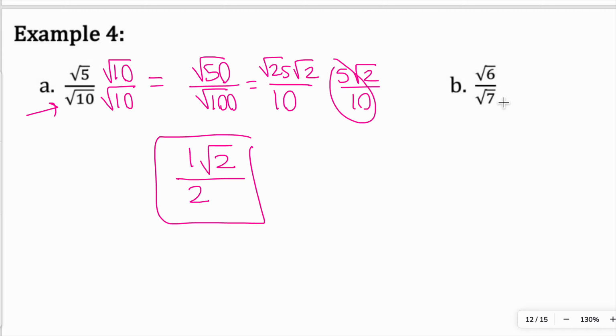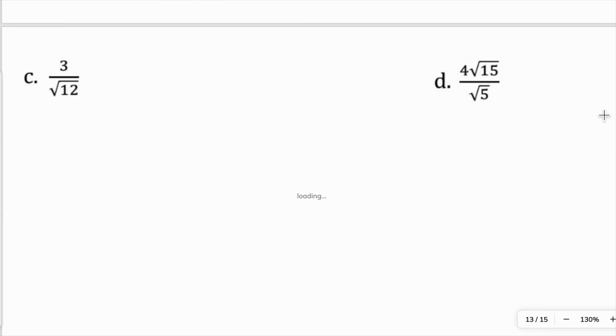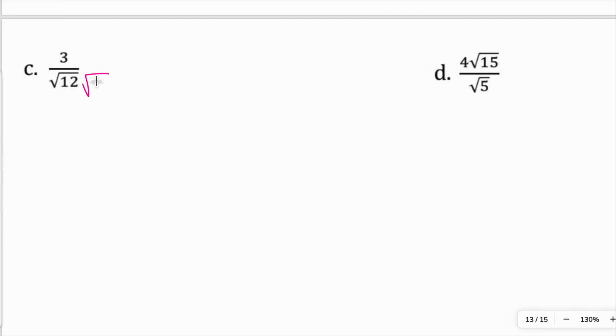Square root 6 over square root 7 can't stay that way, so I'm going to multiply square root 7 on both top and bottom. I'm going to get square root 42 over 7, and that's going to be my final answer for that one. Letter C, multiplying square root 12 top and bottom. I'm going to get 3 square root 12 on the top and then 12 on the bottom.